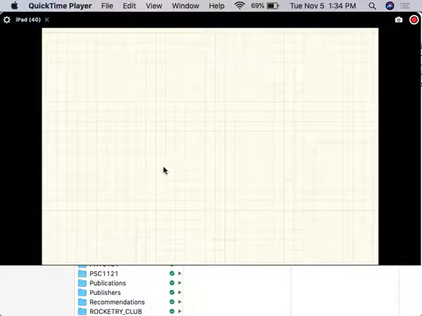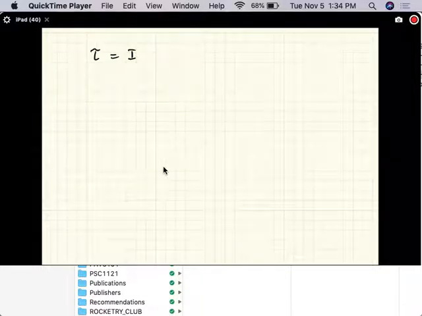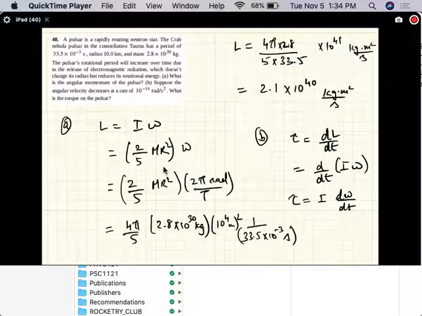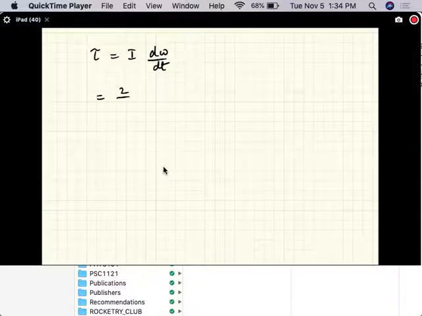And so torque is I times, oh, I should have calculated I separately. Oh well. d omega by dt is 10 to the minus 14 radians per second squared. Okay. I made a mistake. Well, anyway.